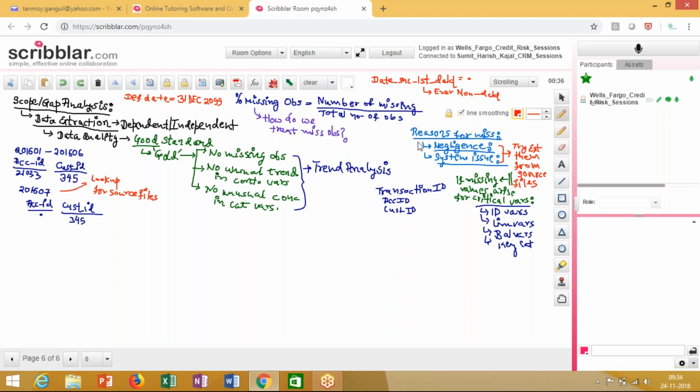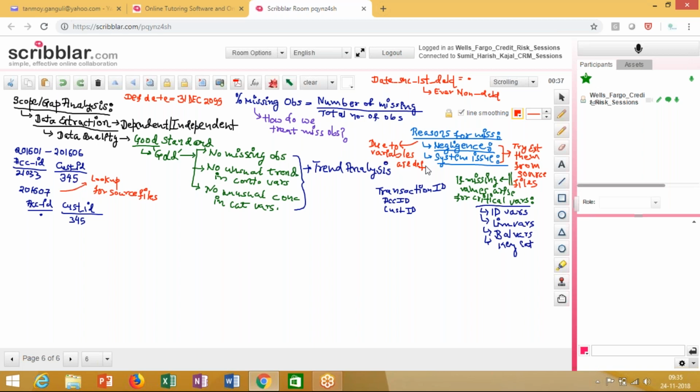This is the second set of reasons for missing observations, besides system issues: the way that the variables are actually defined. So is this part clear?